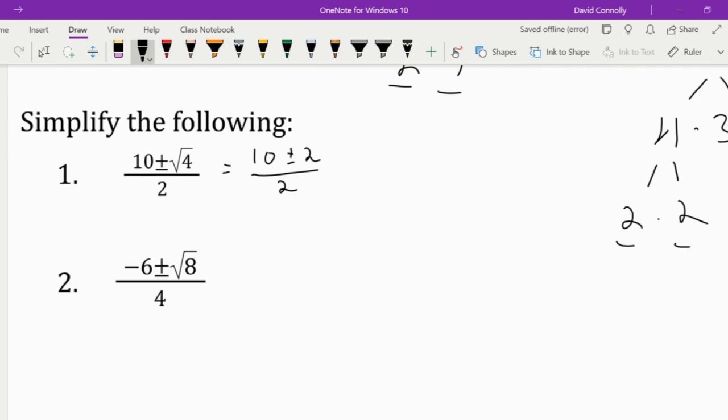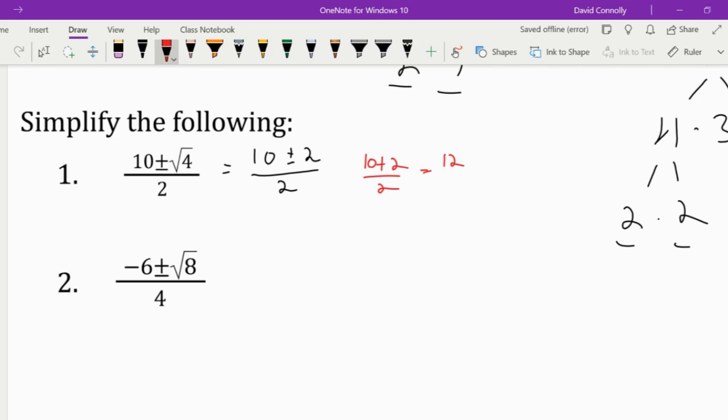Now, you might be wondering what the deal with this plus or minus symbol is. And all that means is at this point, we are going to split it into 2 expressions. One where we write 10 plus 2 over 2, and the other where we write 10 minus 2 over 2. So I'm going to do that now to write our final answer. One of them, 10 plus 2 over 2.